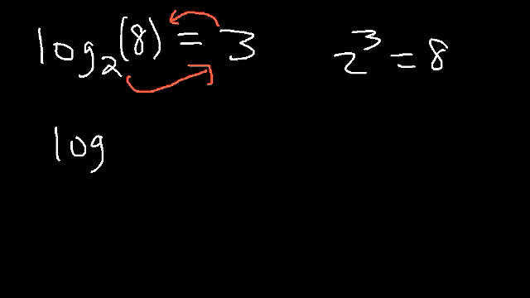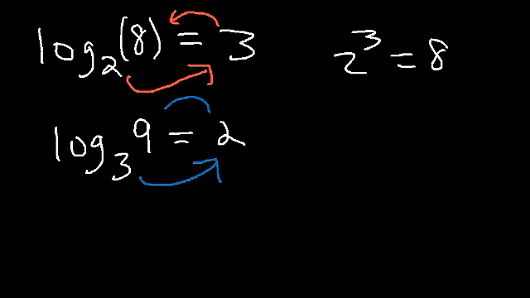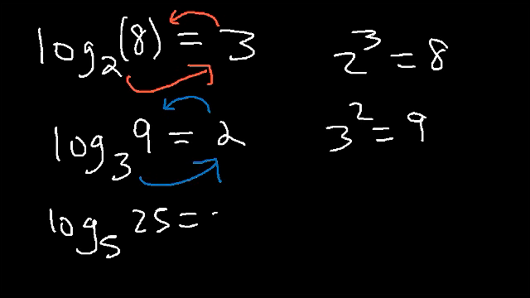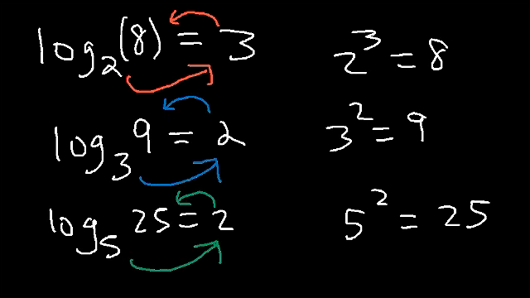Try this one. 3 to the 2nd power is equal to 9. 5 squared is equal to 25. So that's a simple way in which you can convert a log expression into exponential form.